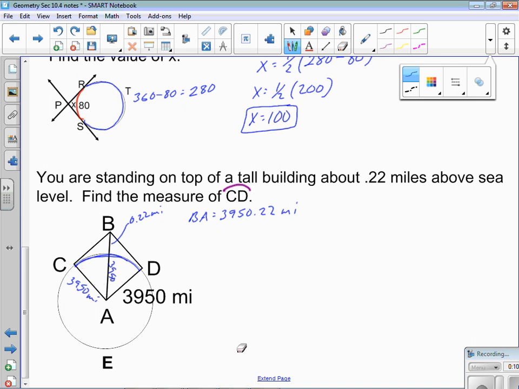So both of these are going to be right angles, or we've got two right triangles there. Now, we're going to use the same rule we used up here, that this angle CBD should be half the difference of arc CED and arc CD.